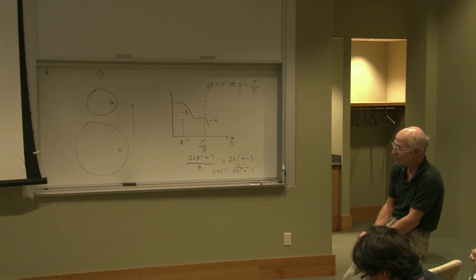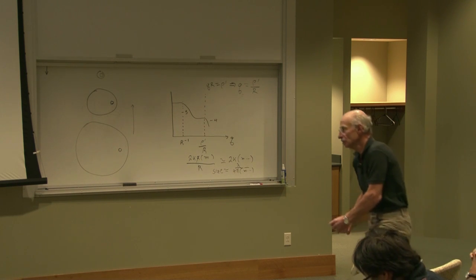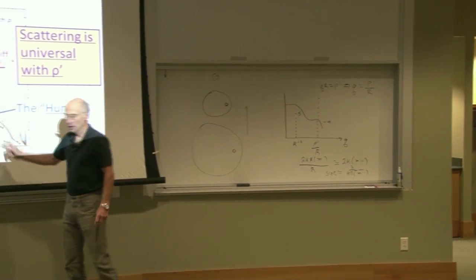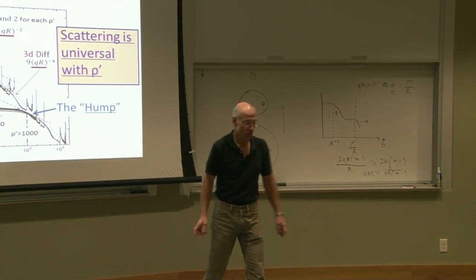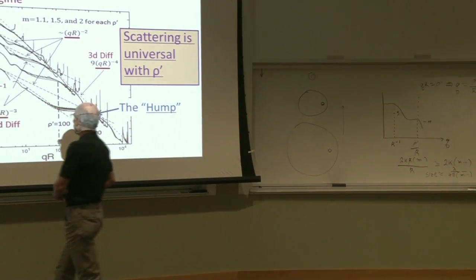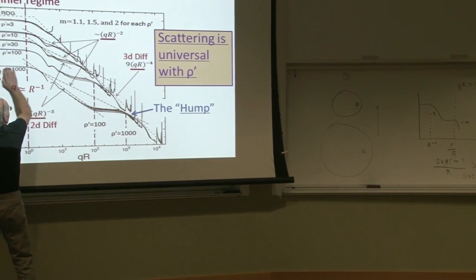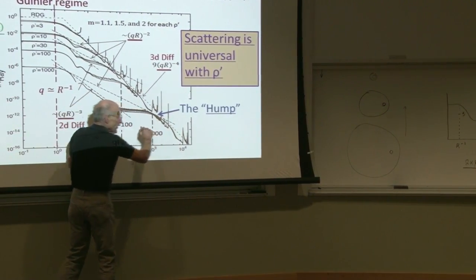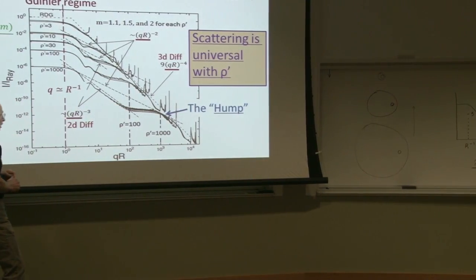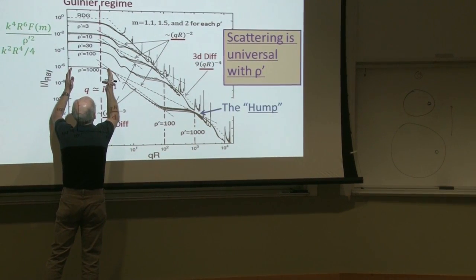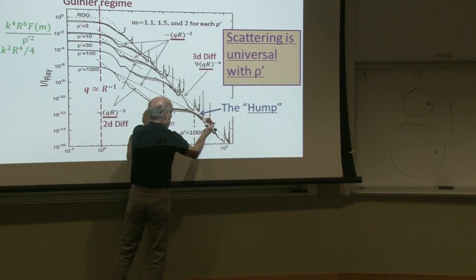Next time I'm going to show you that the hump disappears when we have significant absorption, but the rest remains. So if I turn on the imaginary part, this stays, this stays, this stays, and then it just shoots right across here, the hump goes away. And then I'm even going to show you that about half of all the scattered light is right here, and the other half is right here.